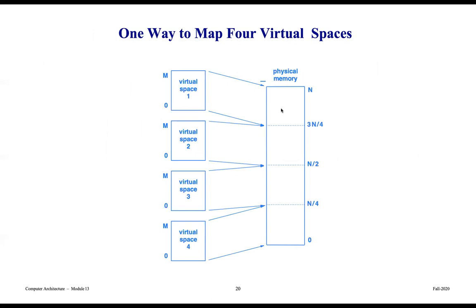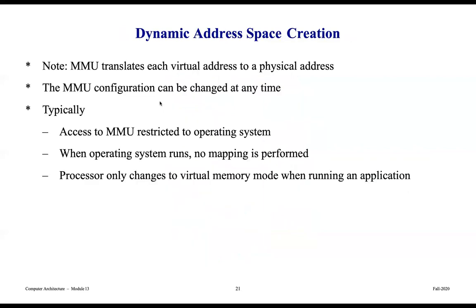And so you have your physical memory, and maybe one app has virtual space 1, another has virtual space 2, a third has virtual space 3, and a fourth has virtual space 4. And in reality, these are all right next to each other, but they wouldn't necessarily have to be in the virtual space.